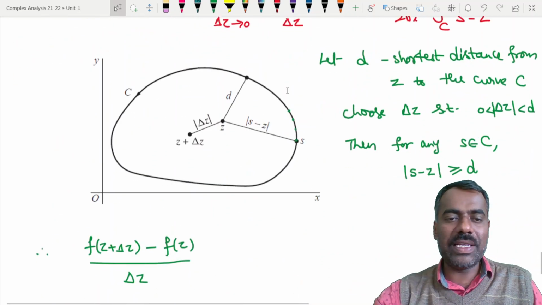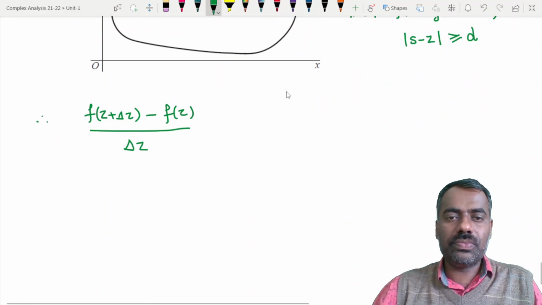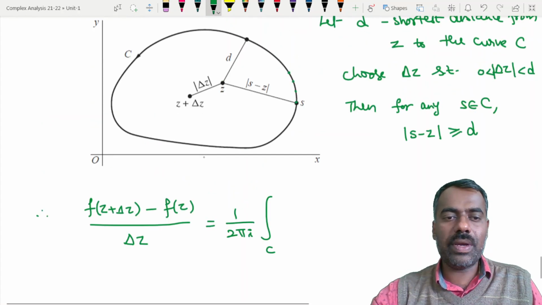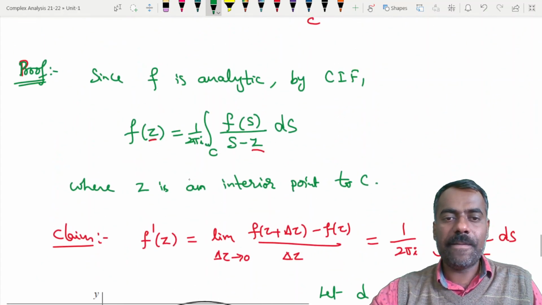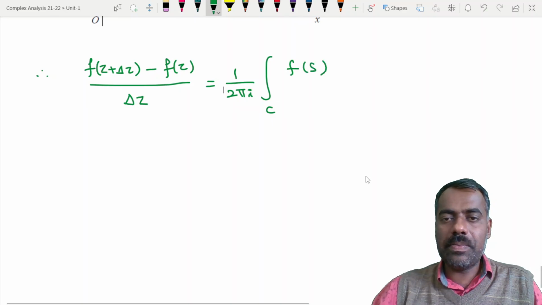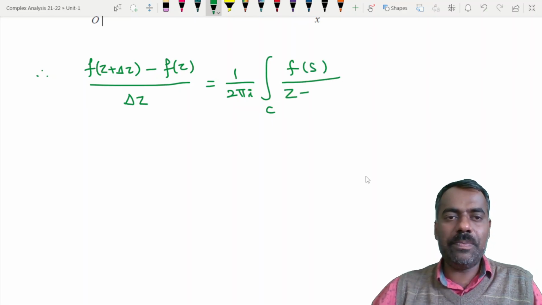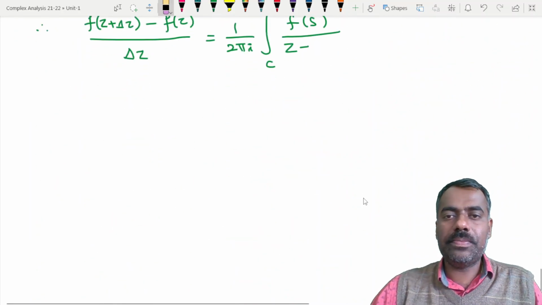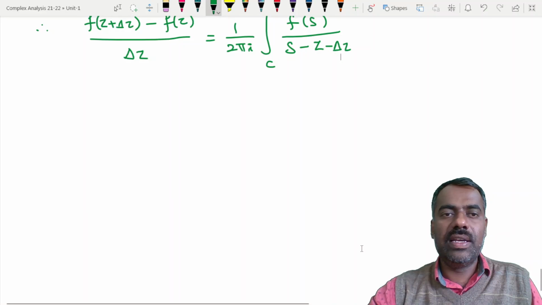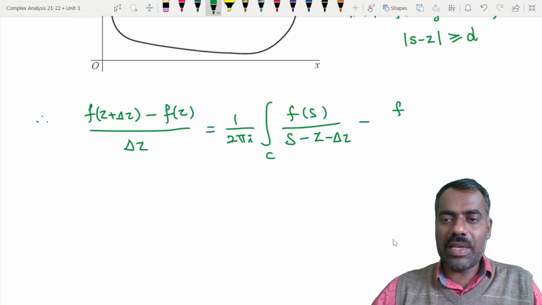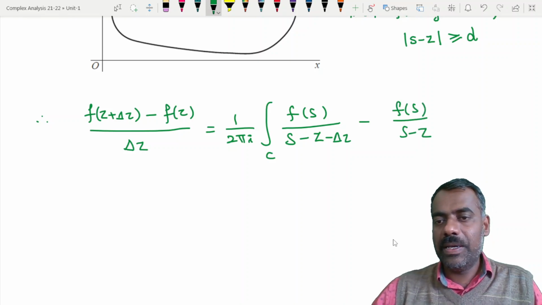Therefore, f of z plus delta z will be equal to 1 by 2 pi i integration over C of f of s by s minus z minus delta z, ds. This is f of z plus delta z. Then what can you say about f of z? It is the same as 1 by 2 pi i integral of f of s by s minus z, ds.